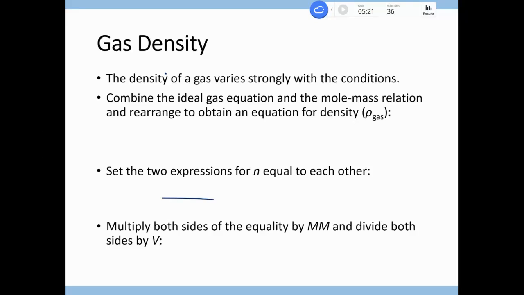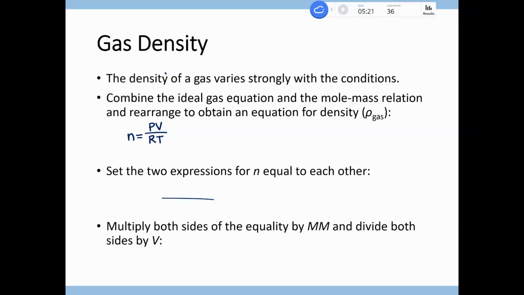We can use the ideal gas equation and the mole-mass relation that we talked about 2 slides back to obtain an equation for density of a gas. So that's what we'll do here. If we're looking for moles of a gas, this is pressure times volume over ideal gas constant times temperature.